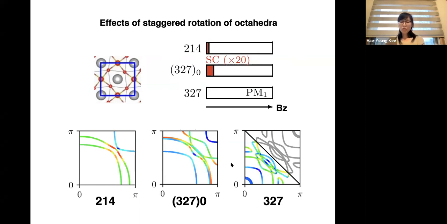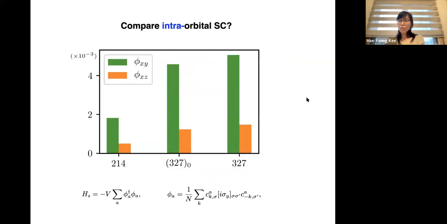And you start to note that this red curve, or red colors of the orbital and spin mixings, are completely gone. And that's why this real bilayer 3 to 7 does not contain any superconductivity or any pairing. Okay, so that is actually quite in contrast to the intra-orbital superconductor.